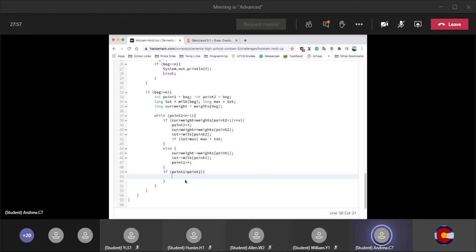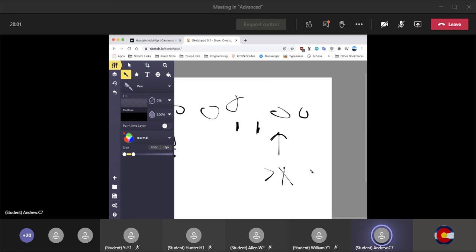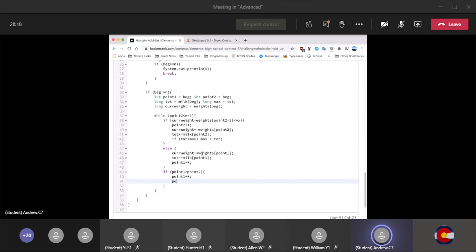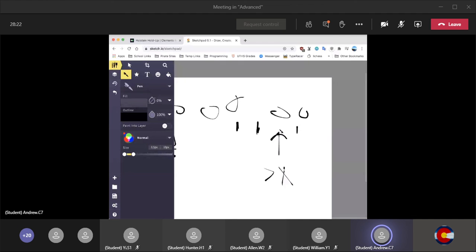So if point 1 is greater than point 2 here, then all we have to do is increase point 1 and increase point 2 by 1. What that does is completely skip this cow. So then we have 0 cows, and we can start by looking at the next cow after the one that's greater than X.